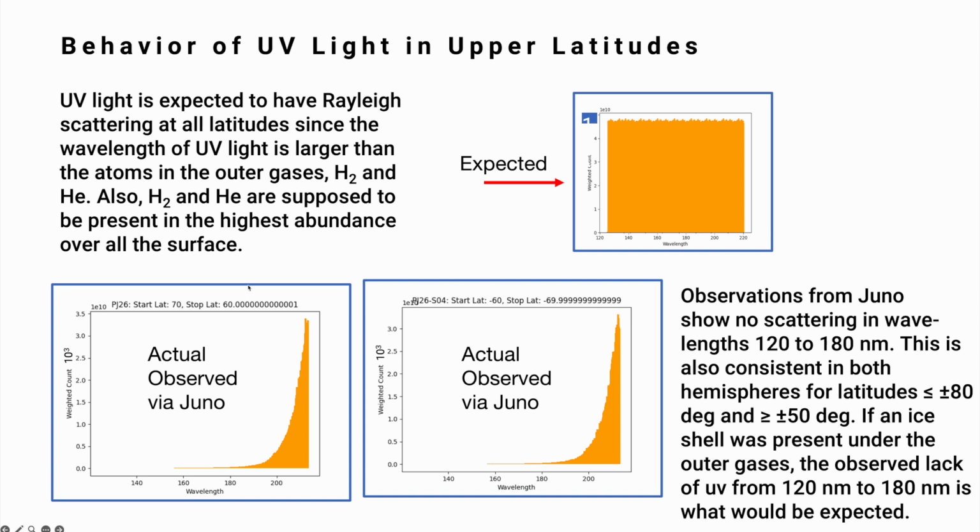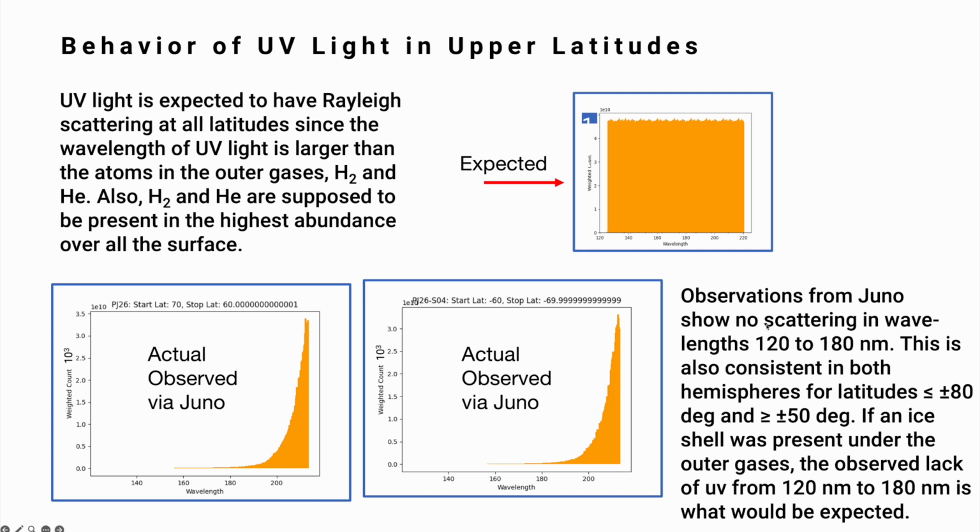But what was actually observed using the ultraviolet instrument on Juno was more like these two charts. This was on a particular perijove, but this is very typical of what was seen, so that there's really no ultraviolet light collected until you start getting a little bit at 180, and then it really starts to ramp up at 200.